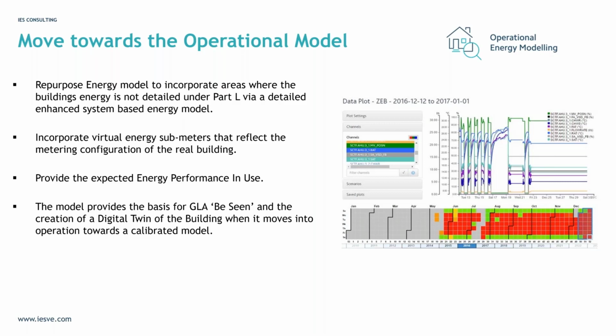The plan requires reporting via an online portal to the Mayor's office for at least 5 years to enable the GLA to identify good practice and report on the operational performance of new developments in London. A well-calibrated design stage operational energy model will comfortably facilitate this requirement.